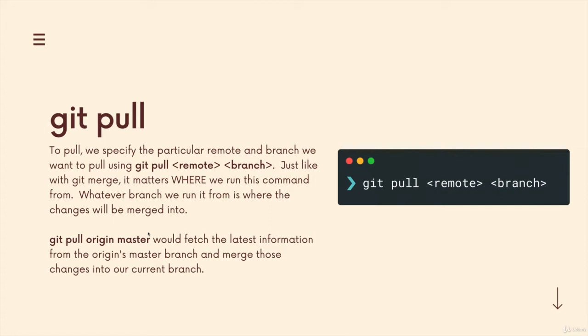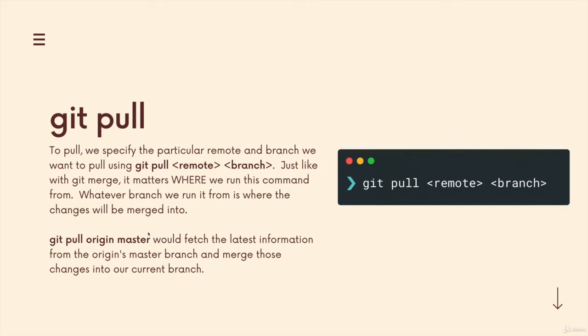So the syntax looks like this: git pull, and then a remote name and a branch name. What really is important to understand is that where we run git pull from matters. Whatever branch I'm on, that is where the changes will be merged into, where I'm pulling down to.